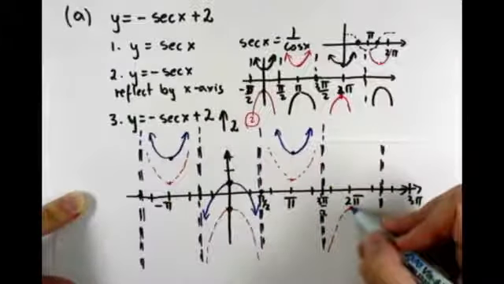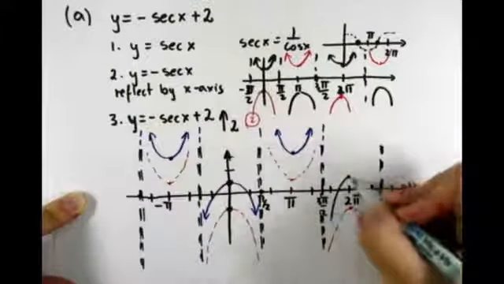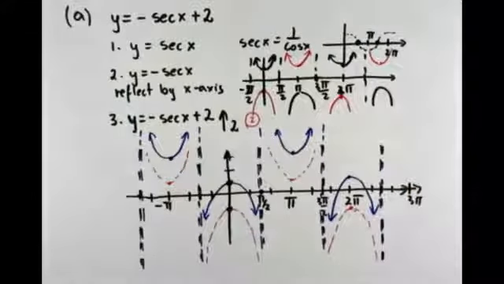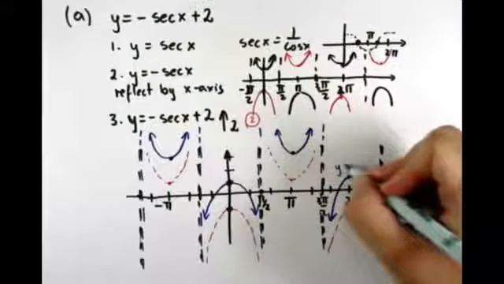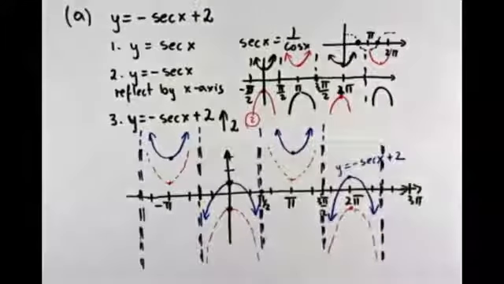And this one goes 2 units up, so 1 and 2. So that's my final answer. The blue graph is number 3, y is equal to minus secant x plus 2.